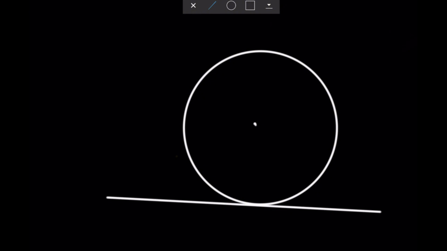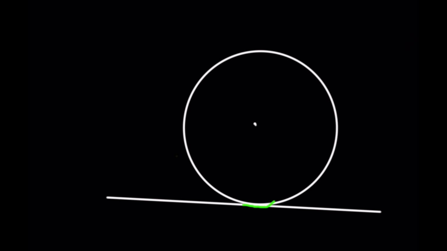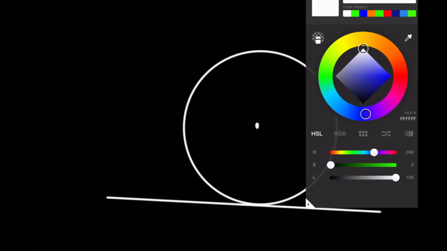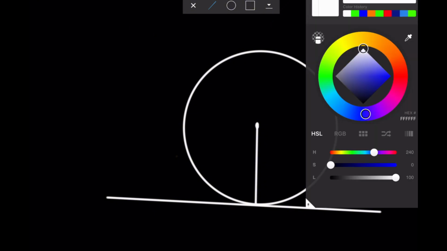The next theorem involves a tangent. So let's draw one. Remember, a tangent only meets the circle at one spot. It may look like it touches the whole bottom, but it only touches one spot, right there. The theorem is that if the radius and tangent touch, then the angle where the tangent meets the radius is 90 degrees.